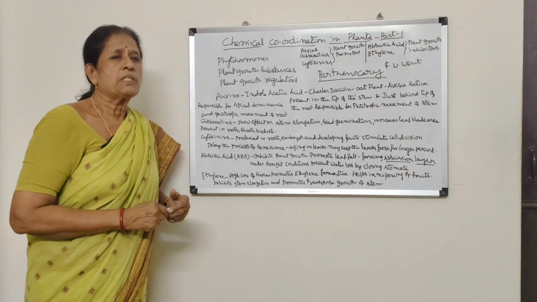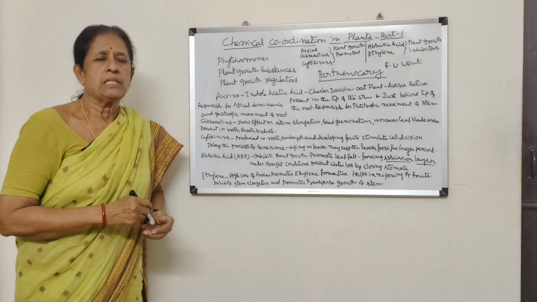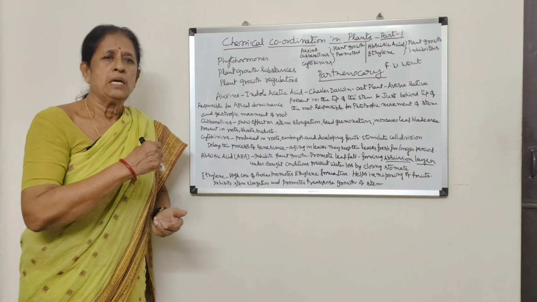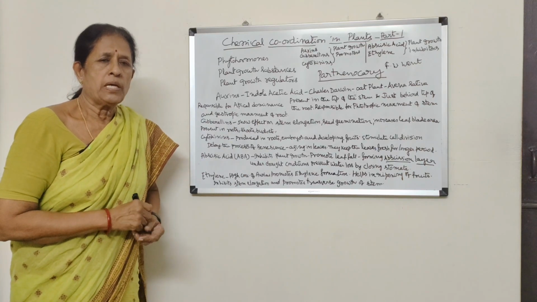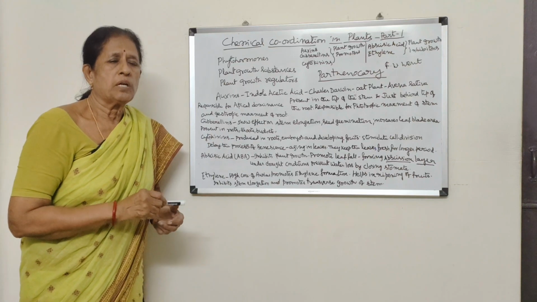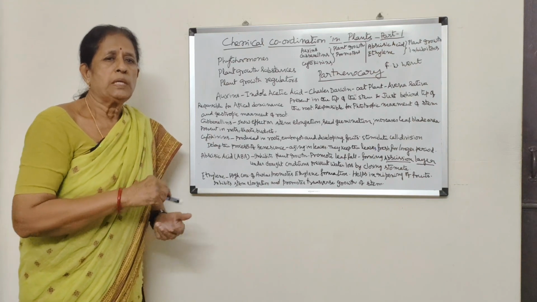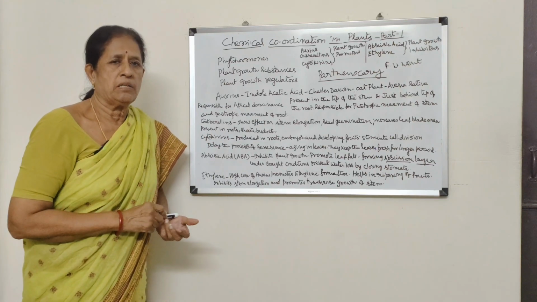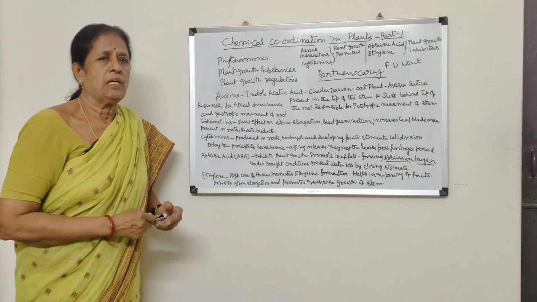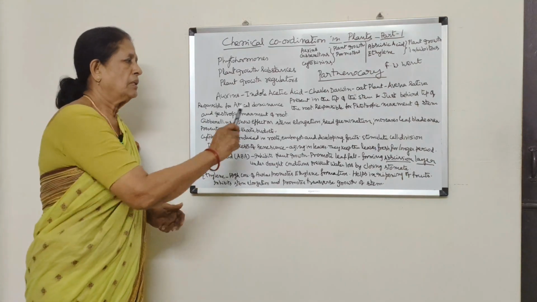When a seed germinates, the root grows towards the soil and the stem grows towards the sunlight. How does this happen? It is due to the presence of auxins. Phototropism means movement of the plant towards light, and geotropism means movement of the root towards the soil. These are all due to auxins.